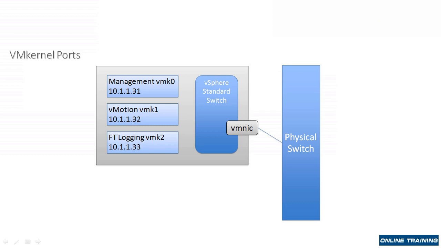Whereas VM kernel ports are special types of ports on a virtual switch that are used for traffic like vMotion or IP storage or management. These are ports that the hosts and vCenter use to talk amongst themselves for purposes other than virtual machine traffic.